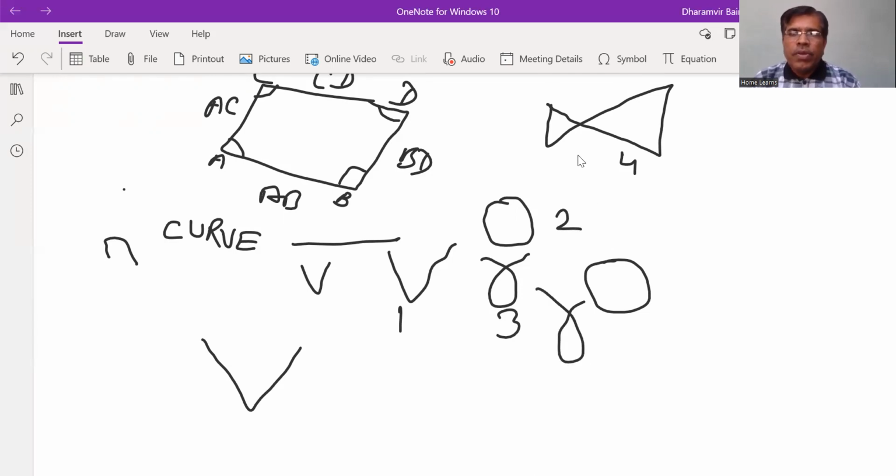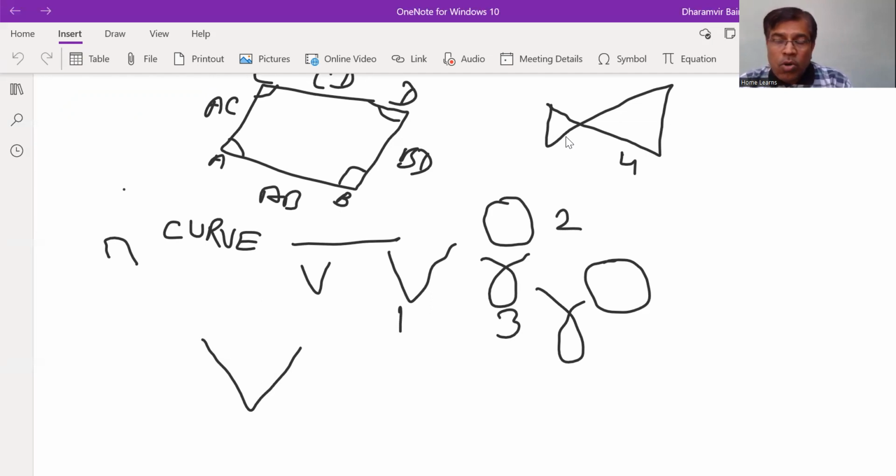Figure 4 is also crossing itself. So figures 1 and 2 are simple curves. A simple curve is formed without lifting the pen from the paper, and the lines don't cross each other.